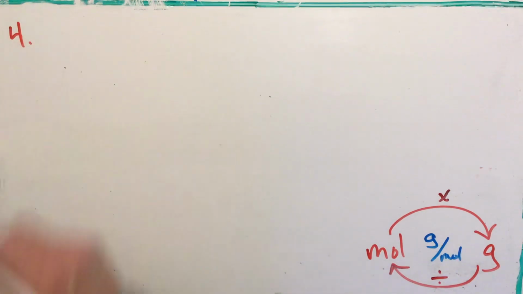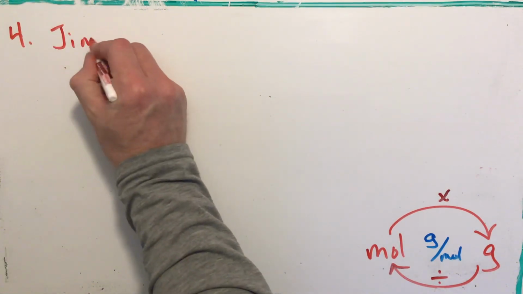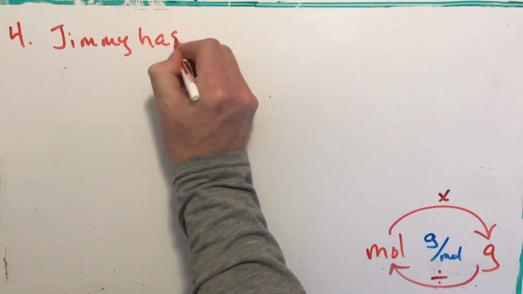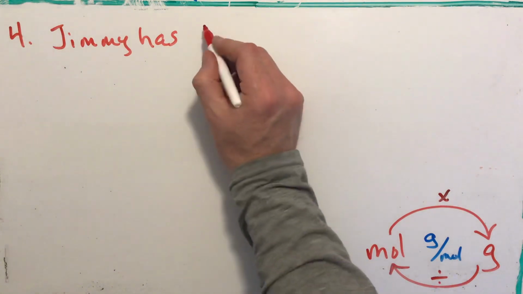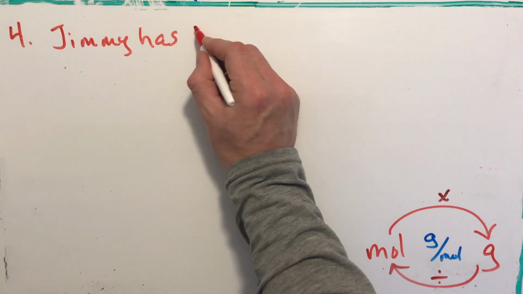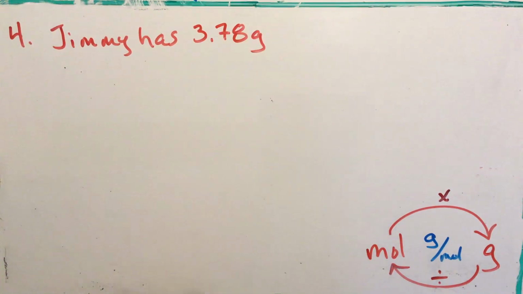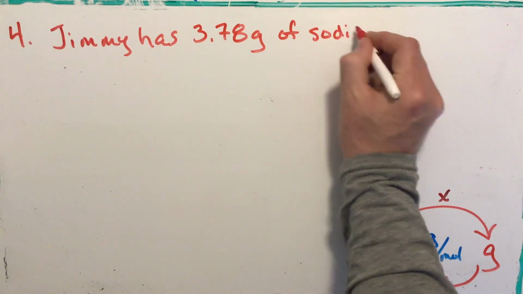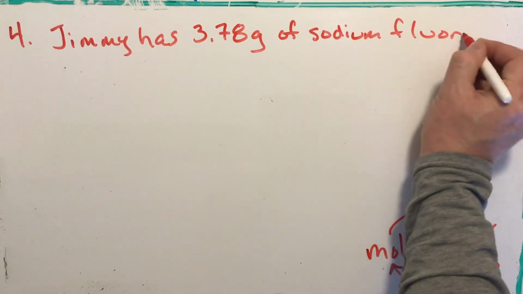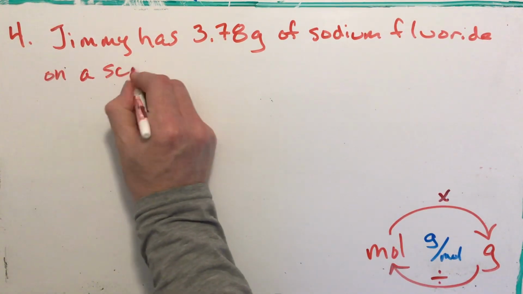All right. So this is example number 4, and this time we'll use, you know, good old Jimmy. So Jimmy has, let's say, 3.78 grams, so only a small amount of sodium fluoride on a scale.